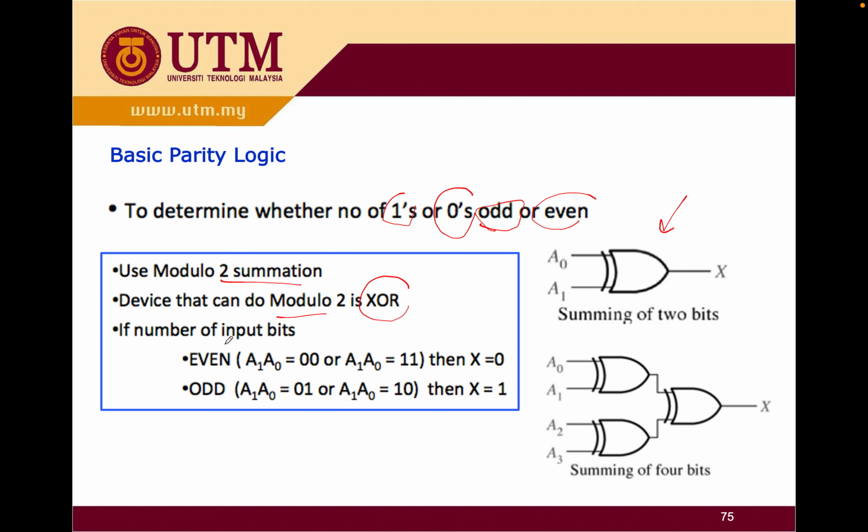If the number of input bits is even, then your output will be 0. While if you have odd, then your output will be 1. So that is the thing that you need to remember on your basic parity.